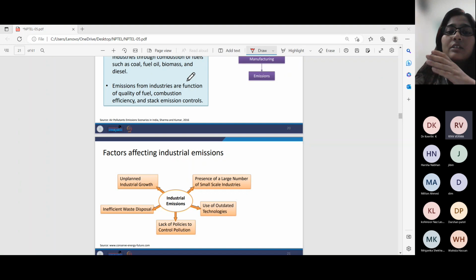So that is how the number of industries affects the industrial emissions.